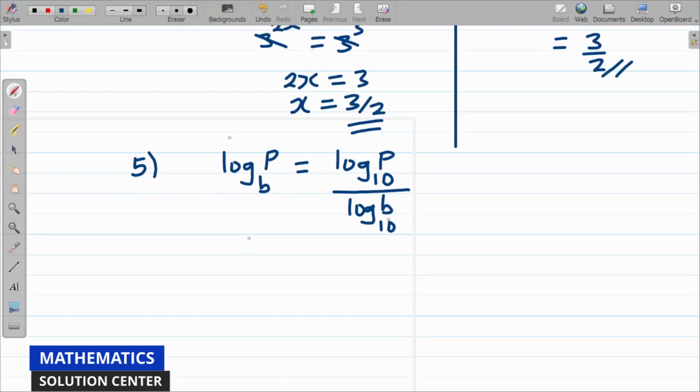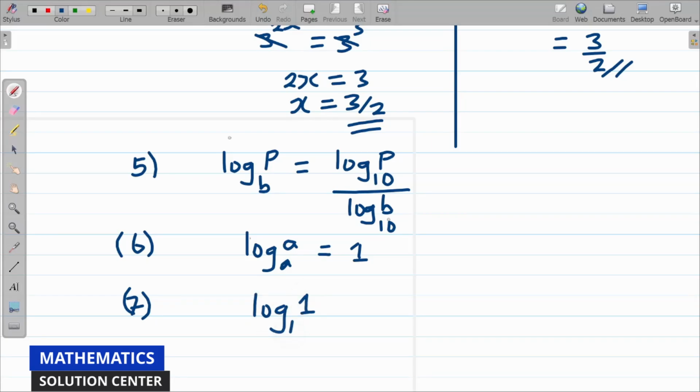So let's just go to law 6. This one we have even been using, let's say log a base a. Log a base a is equal to what? 1. The log of a number to the base of that number is 1. Then, log 1 to any base.